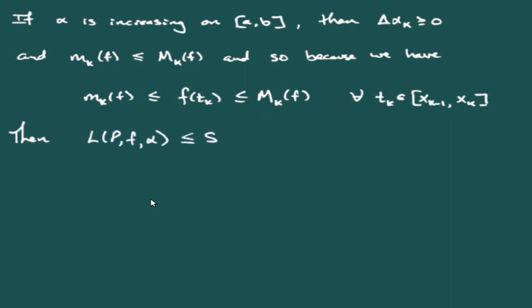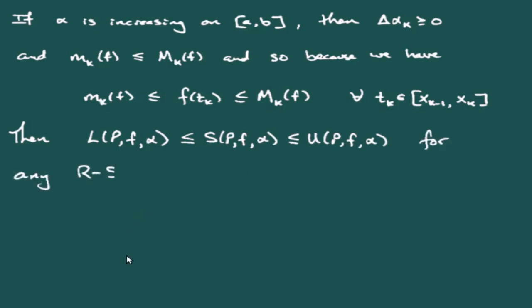And since our delta alpha sub k's are all nonnegative, our lower Stieltjes sum is a lower bound for all of our Riemann Stieltjes sums with respect to that particular partition, and the upper Stieltjes sum is an upper bound for all of our Riemann Stieltjes sums.